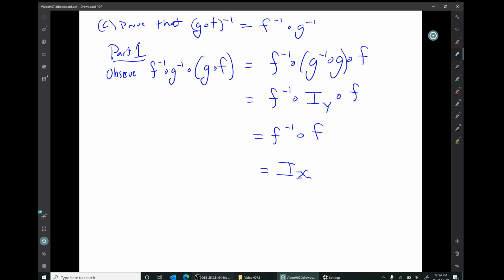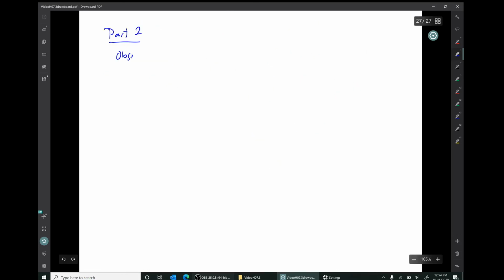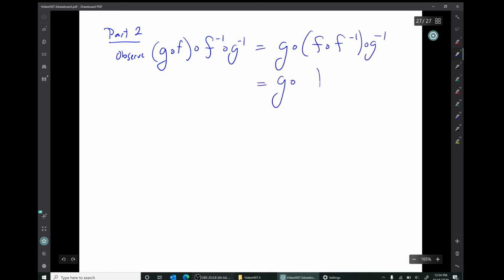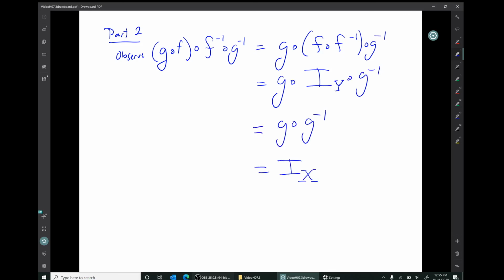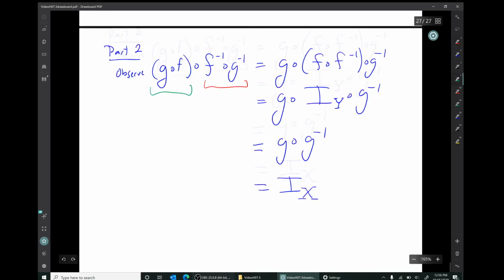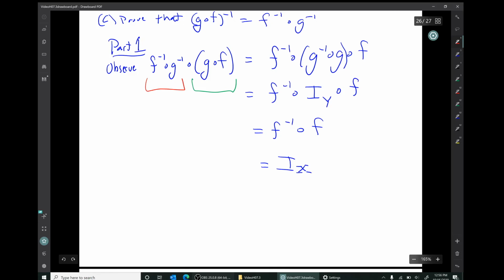We'll compose in the other direction on the next page. If we compose in the other order, we also get that the composition equals the identity. So this thing, F inverse composed with G inverse, has the property that if I compose it with this thing in either order, I get, as a result, the identity map.